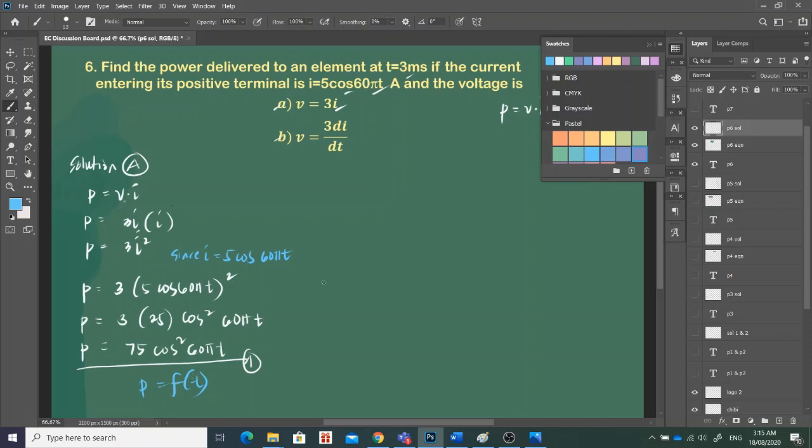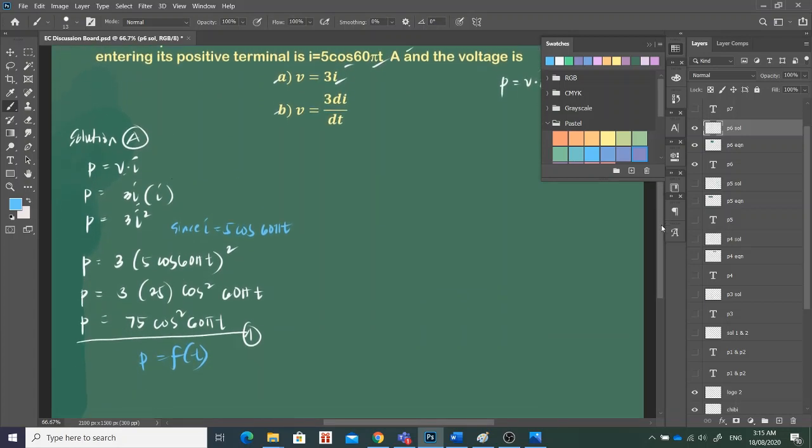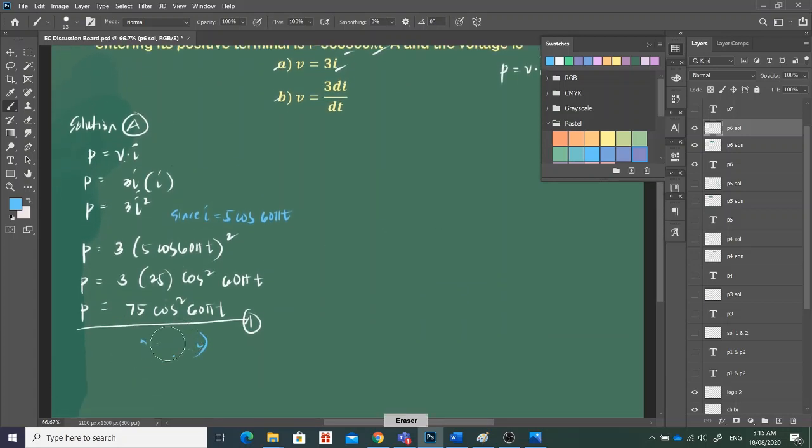Para makakuha tayo ng exact value, kailangan substitute natin yung given na condition, time equals 3 milliseconds or 3 times 10 raised to negative 3 seconds.